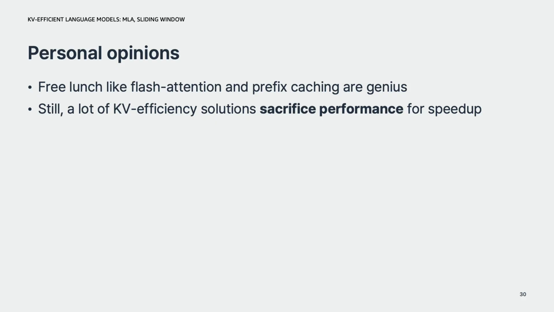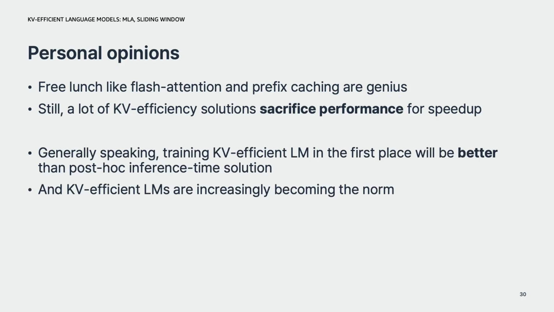And this could still be fine, but the problem is that, in general, training a KV efficient language model in the first place will be better than a post-hoc inference time solution. And as we can see from DeepSeek's MLA or models using sliding window attention, these KV efficient architectures are increasingly becoming the norm.